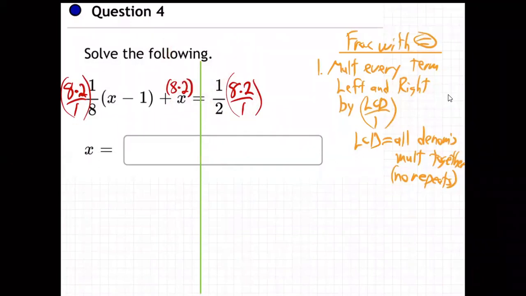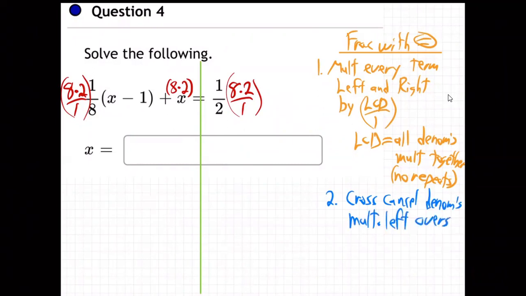And then step 2, cross cancel the denominators.